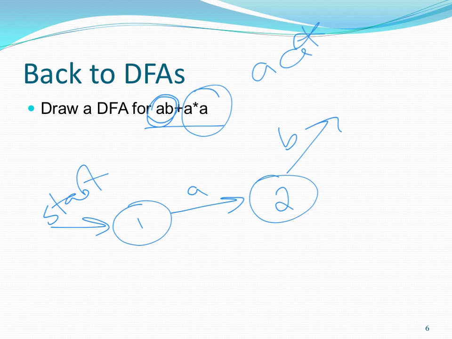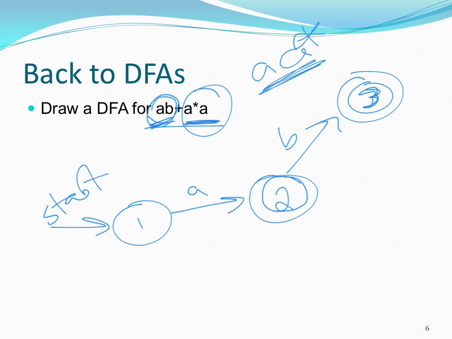So actually, state 2 has to be an accept state, right? Because we have to accept a single A. And then we also need to accept more than one A, so this A star A lets us have 2 A's or 5 A's or whatever.